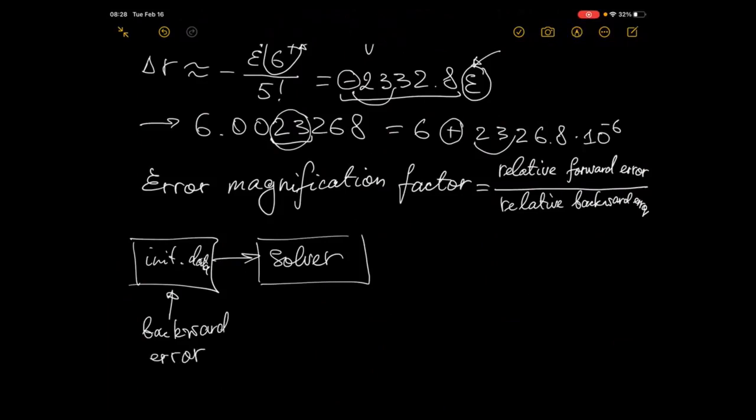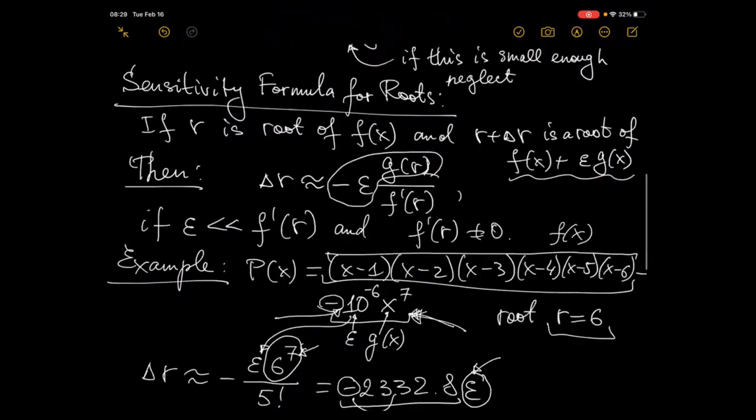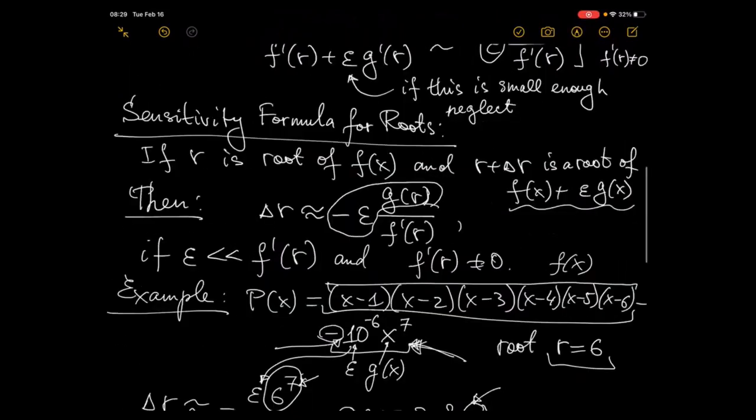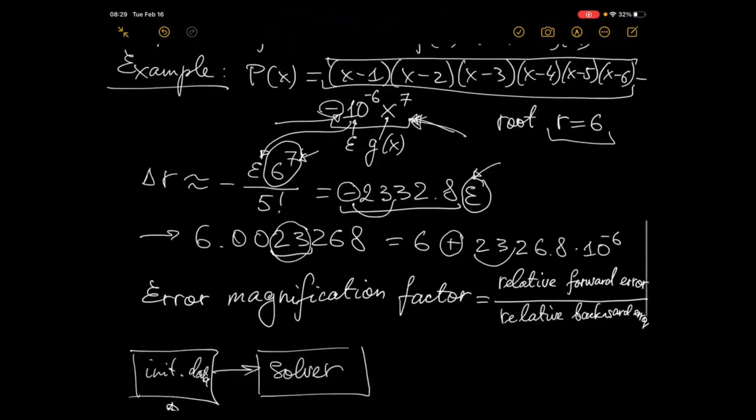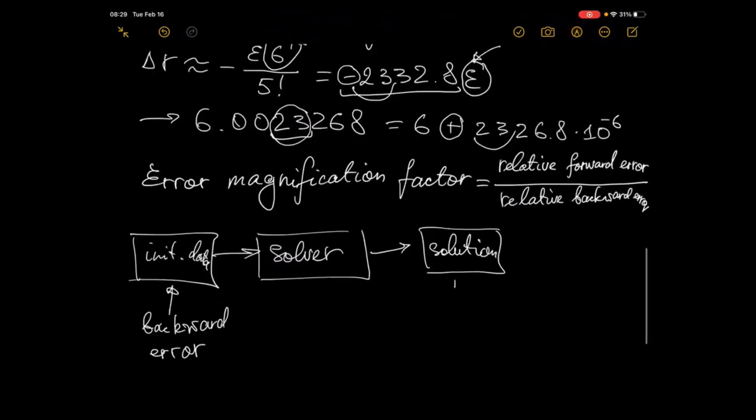In our case, the backward error, the error in the initial data, was this distortion of our equation. And then we were getting the solution, obviously with some error, and this was the so-called forward error.